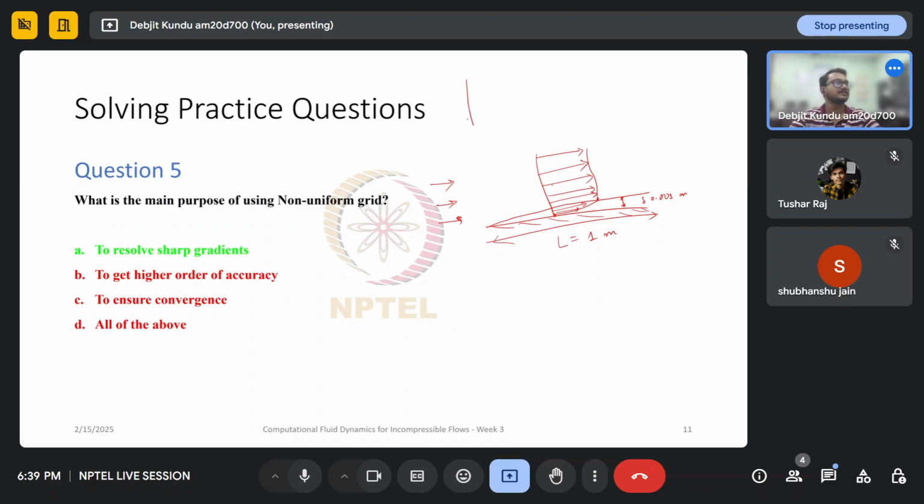So let's forget fluid mechanics for a moment and think about some number. Let's say some f that you're trying to solve. And let's say you know the exact solution. Let's say the exact solution is like this. Now, let's say you took grid points which are spaced like this.